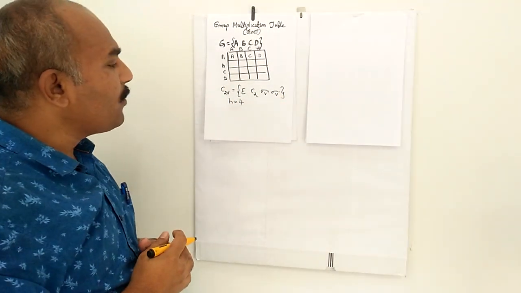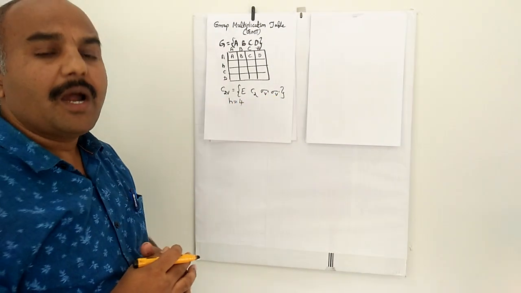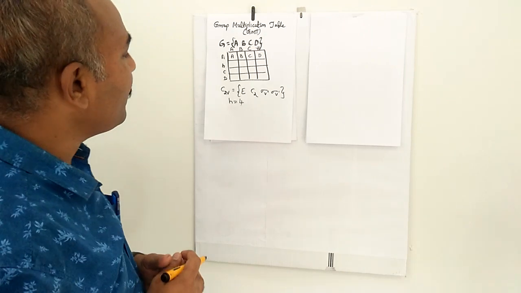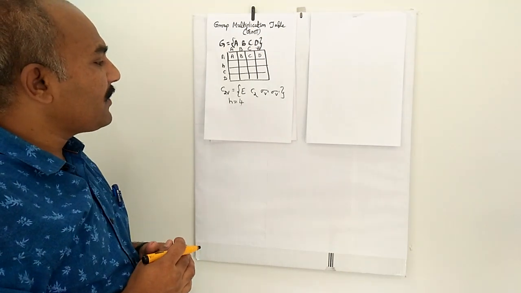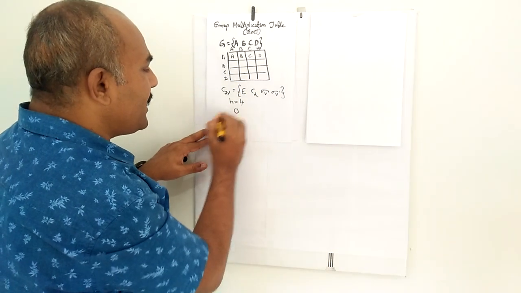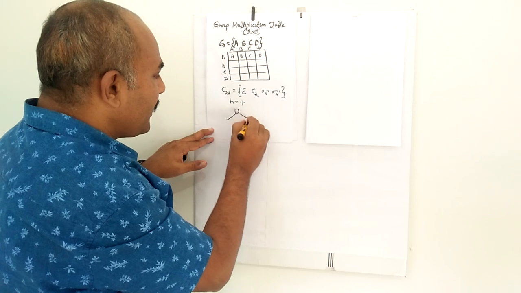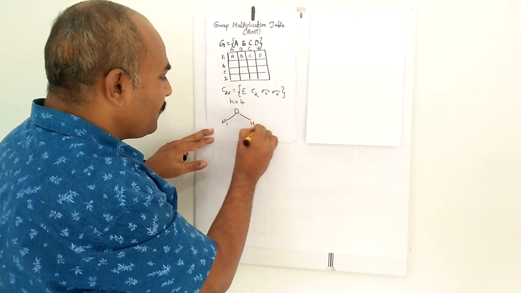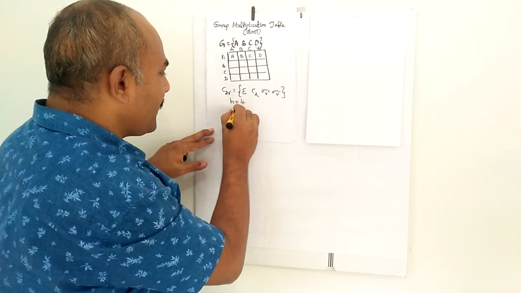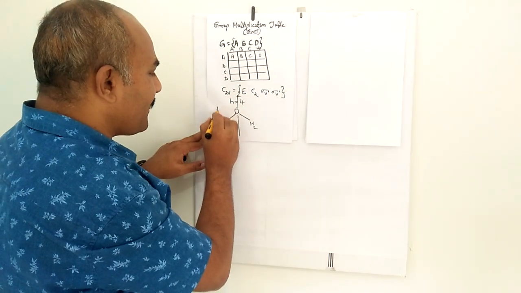So, when you construct the group multiplication table for C2v, it consists of 4 columns and 4 rows. For this, we can take the water molecule as an example. The water molecule is a bent molecule which belongs to the C2v point group, with H1 and H2. This is the rotational axis of symmetry C2, and there are 2 vertical planes present here.